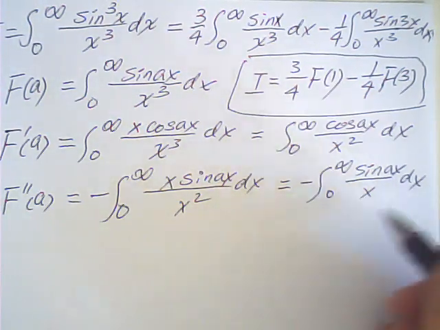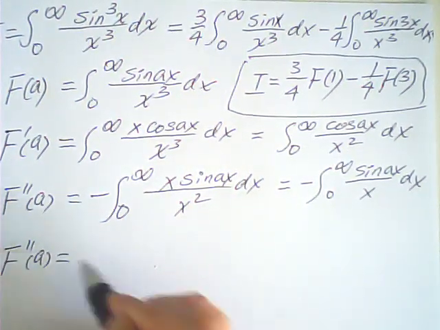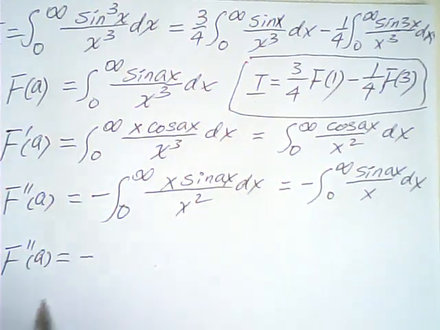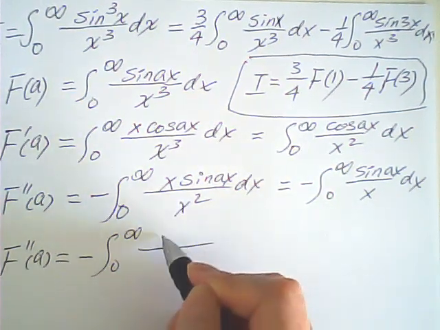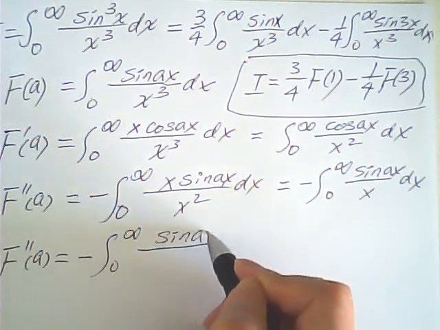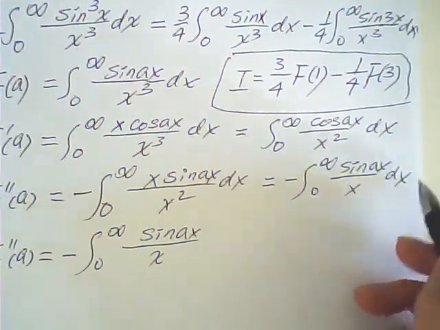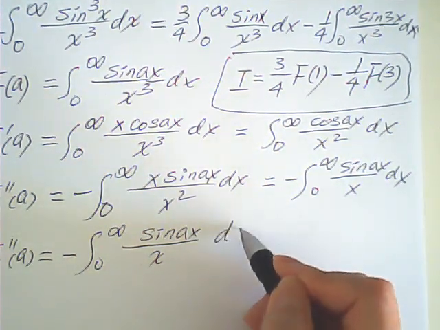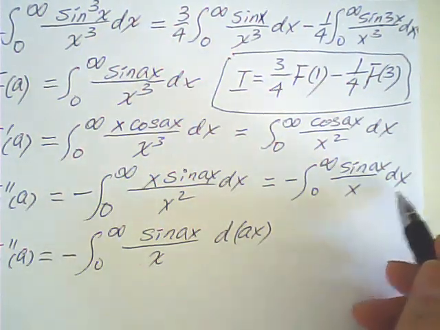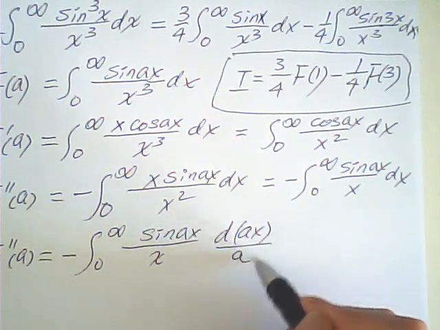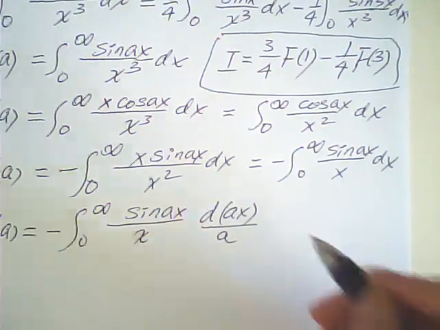Yeah, that one can be done because f double prime of a is equal to negative integral of sine ax over x. I change the dx into d(ax), same, then I simply divide by a.